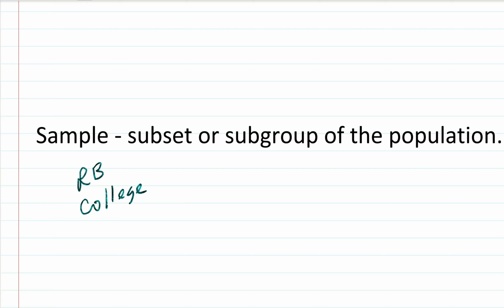So the population would be all of the students at RB College, right? I could possibly try to give out a survey to all of the students. Maybe they have 10,000 students. It's a really large college university. It's probably not practical to give out the survey to all 10,000 students. So this is my population.